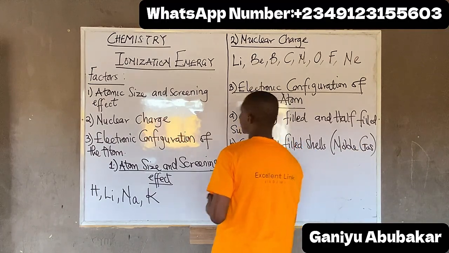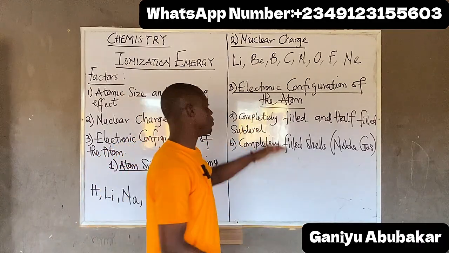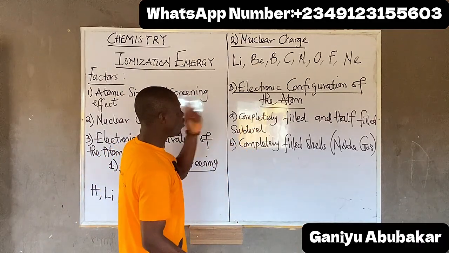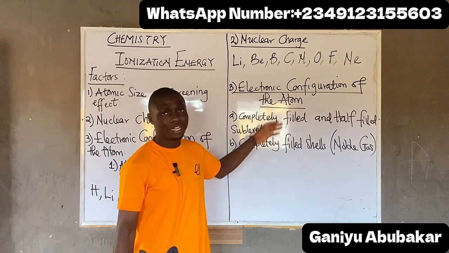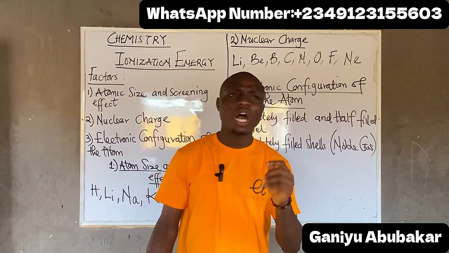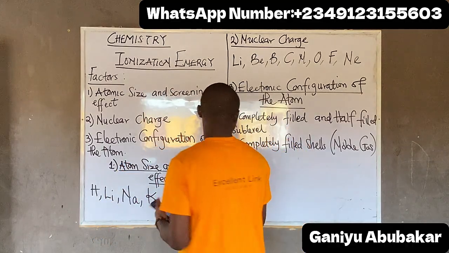So noble gas has a complete filled shell. These are the two categories involved in the concept of electronic configuration of the atom. There are two. Now these two, how do we understand them? How do they work? Let's explain the first one, A.